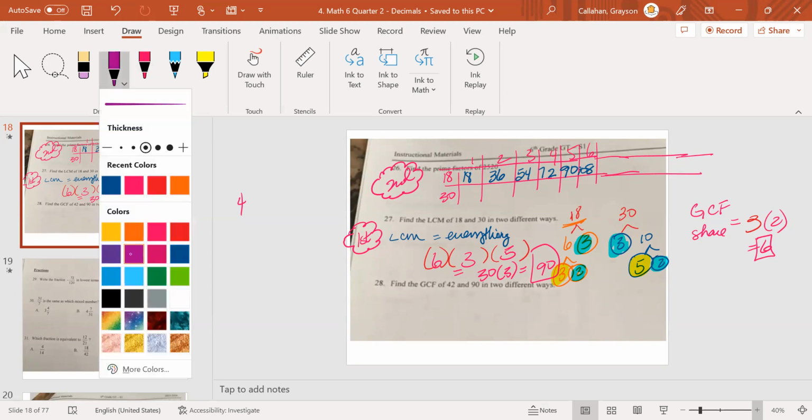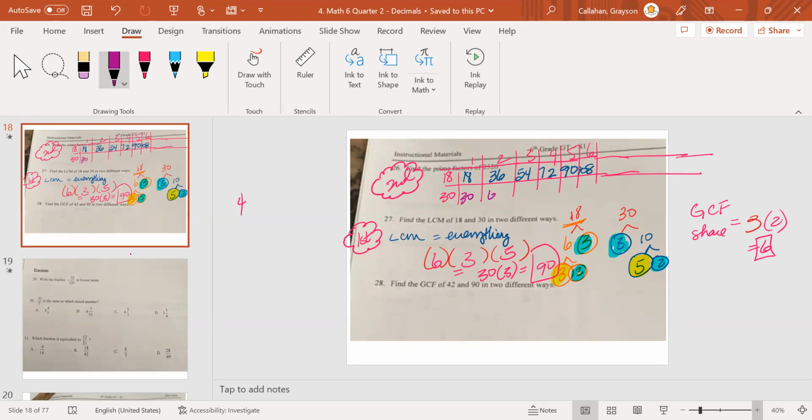Then let's take a look at 30. 30 times 1 is 30. 30 times 2 is? Keep going. 30 times 3 is 90. Okay, so looking at this, which number do they share? 90, right there. Do you see that? So your lowest common multiple is 90.